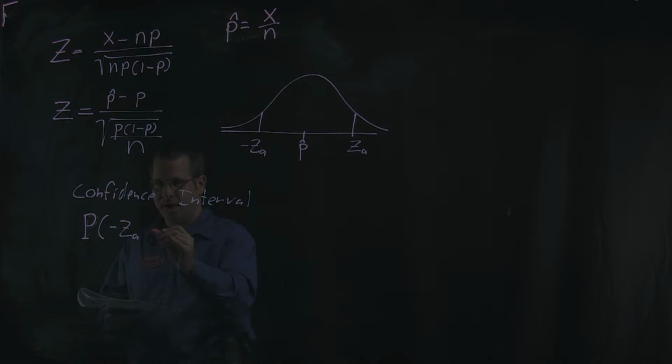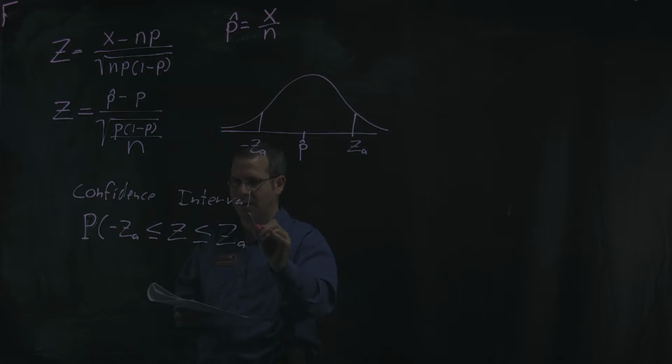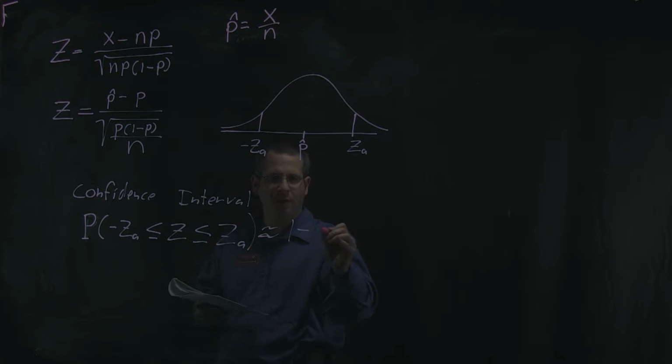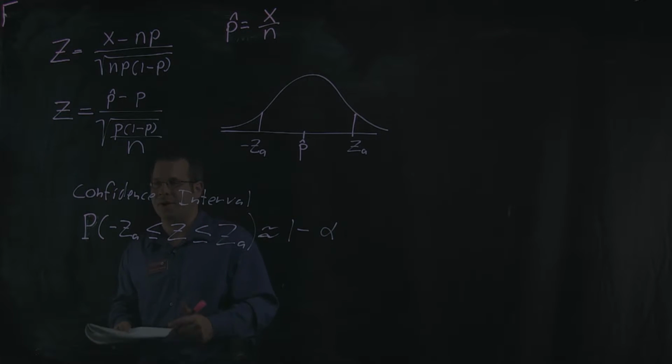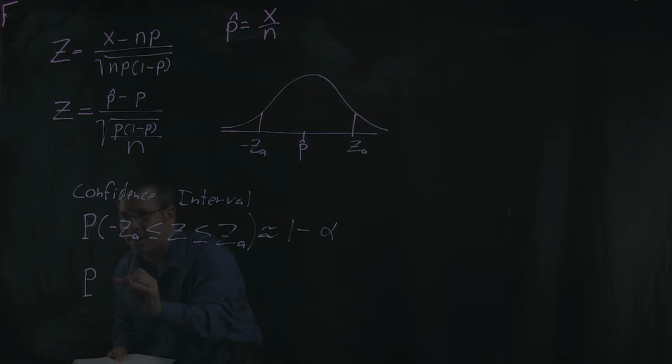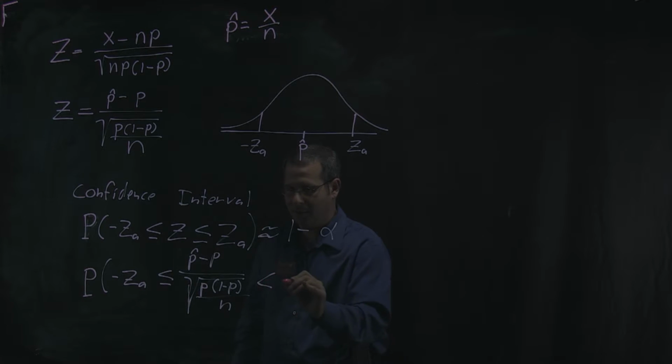Then I can describe my confidence interval mathematically by saying P, this is probability, so this is capital P, that my true Z is between these values is approximately 1 minus alpha. Now this Z I just defined here, so I'm going to rewrite that as the probability of negative ZA less than p hat minus p over the square root of p 1 minus p over n, less than ZA, equals 1 minus alpha.